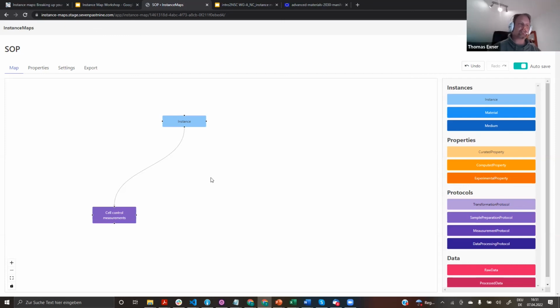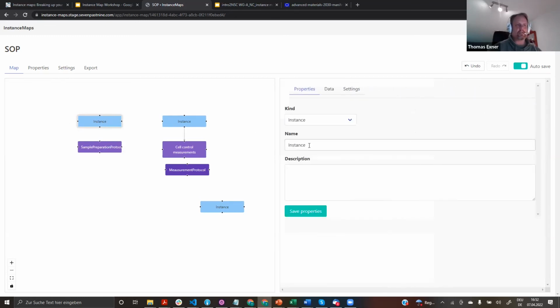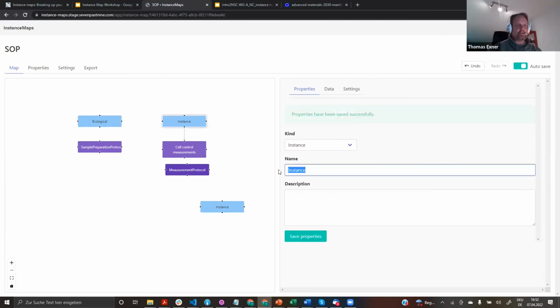Is it clear that after each protocol there must be another instance, or would another protocol come in? What we often have is, for example, two different starting materials, where one is more the biological system, and the other is more the material itself.